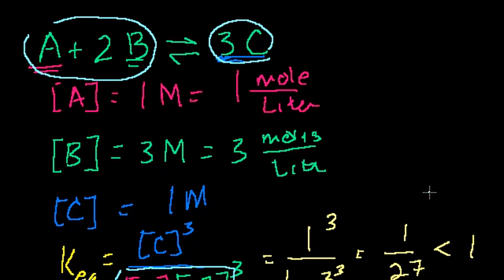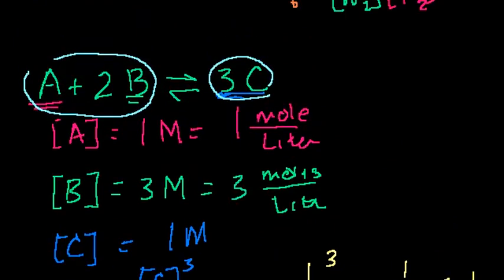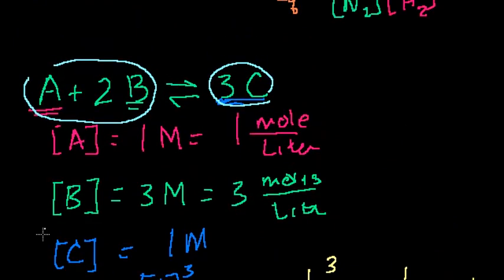And because we're left with a lot more of that, our equilibrium constant is less than 1, which means that the reaction favors the backward direction. Think about it. Because there's more of this, this must be happening more than the left to right reaction.